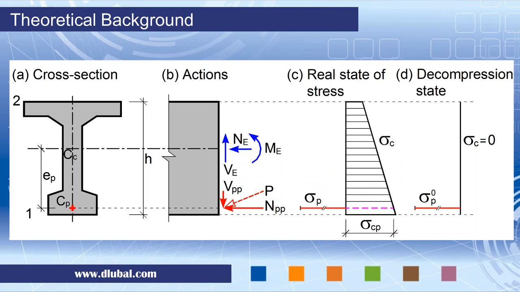For the analysis of sections loaded by bending moments and normal forces, we will discuss the methods: first the decompression state method, but also the initial state method, which we introduced in RF-TENDON Design.